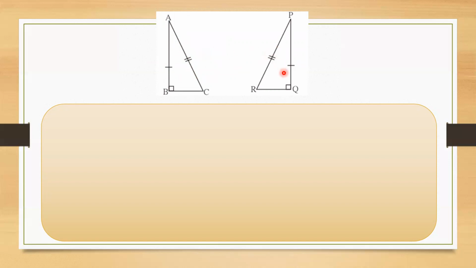Here the opposite side is PR, and here opposite the 90-degree angle the side is AC. So both sides become equal. So one hypotenuse is congruent, and there is one extra side which is given congruent, denoted by a single line, which is side AB congruent to side PQ. So that's why it is called the hypotenuse side test.